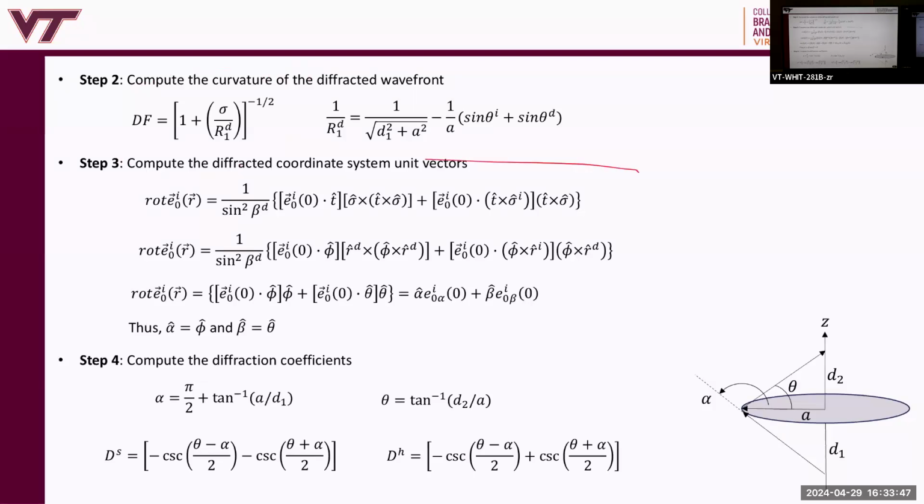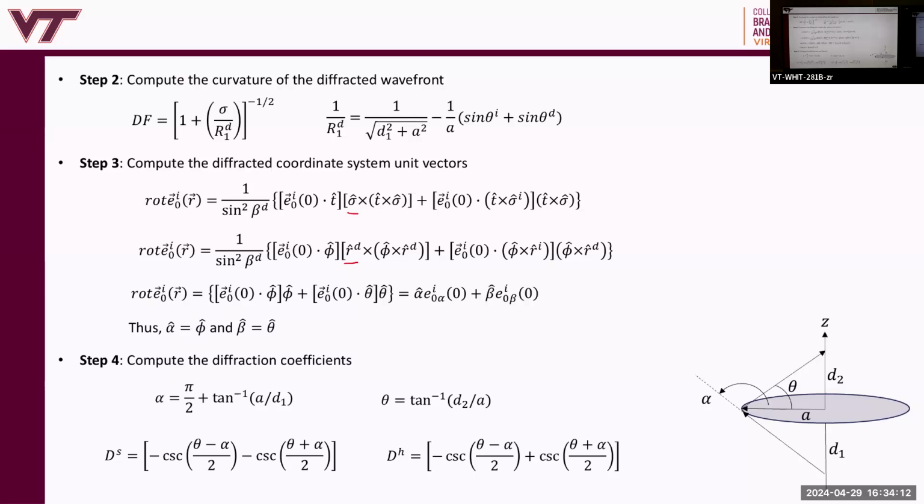Here's the explicit formula for it, right? So let's see. Okay, so here's the explicit formula. For our problem here, we have E naught incident dotted with the tangent, but we know the tangent is phi hat, right? We said that before. Sigma incident is the unit vector r hat in the diffracted wavefront.